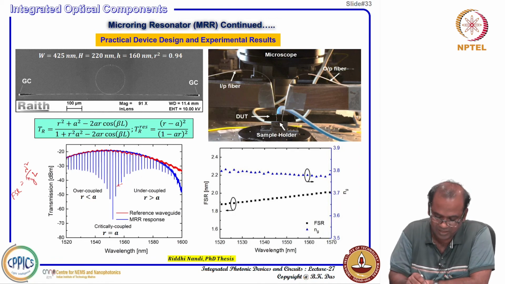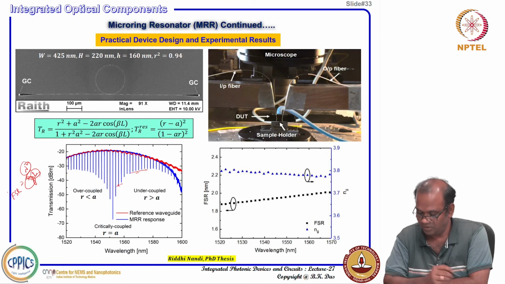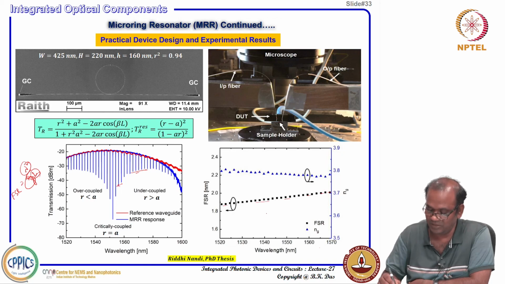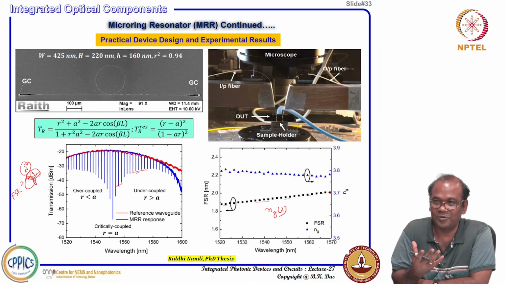If I experimentally get the FSR and I know L and I know the resonance wavelength, then I can find out the group index. So, that is how, as a function of wavelength, you see the group index is also changing. That means Ng, the group index of the waveguide, is also a function of lambda. You can also extract whether the group index of the waveguide you have designed is dispersive or not.